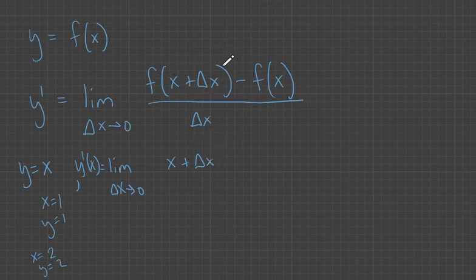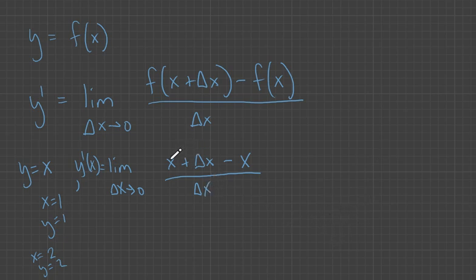That comes from just plugging that directly in place of x, and then we subtract the function at x, which just gets passed through, and all of that is over delta x.